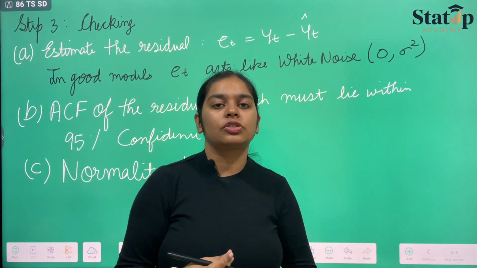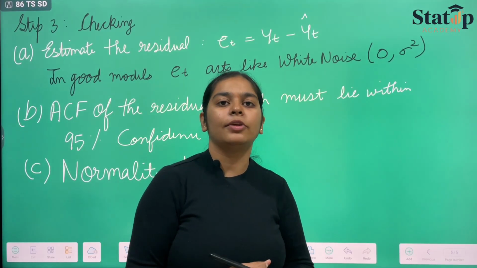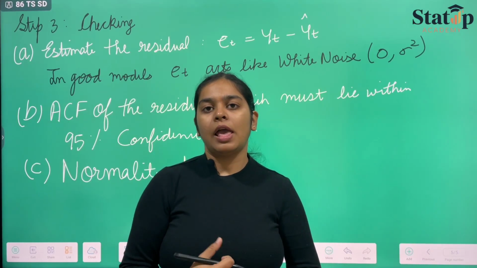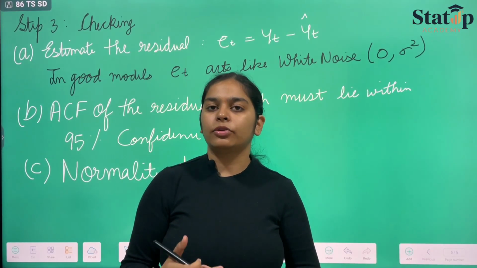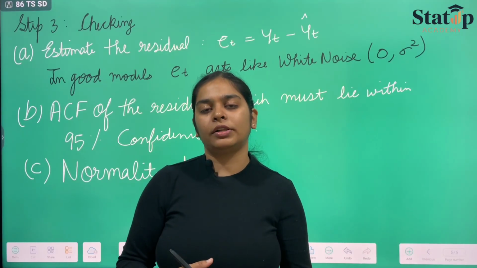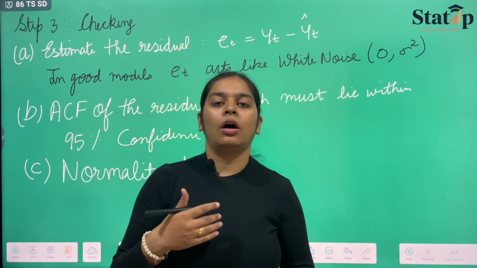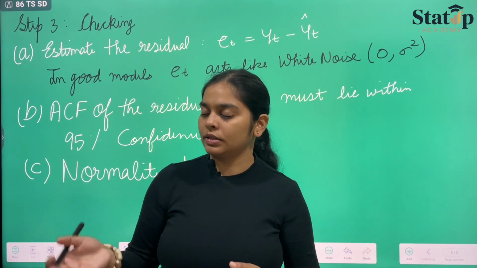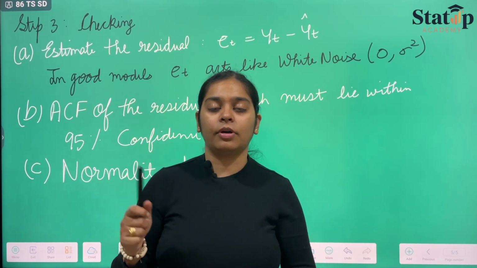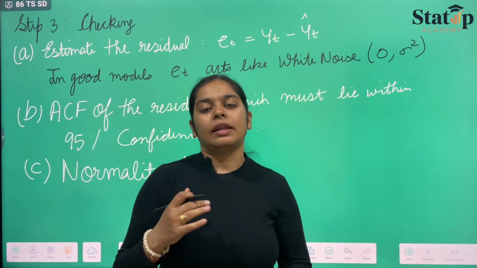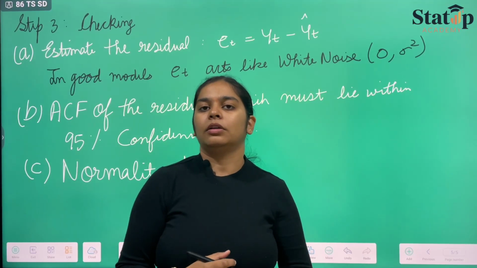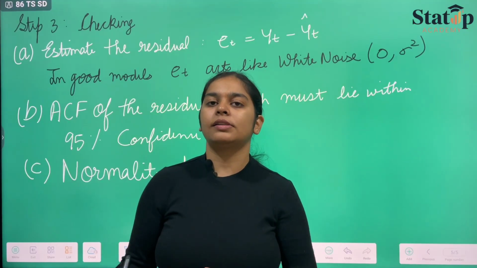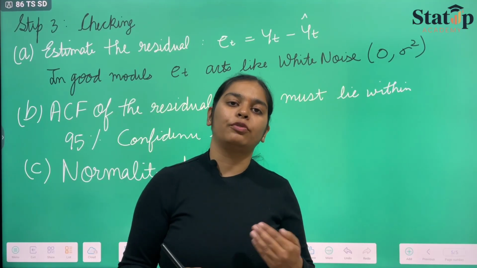Then we can increase or decrease the values of p and q from the autoregressive model or moving average model, go back to step 1, and redo all the procedure again until we reach the checking step, and then we check the new parameters again. If it does not satisfy the test again, we move back to the first step.